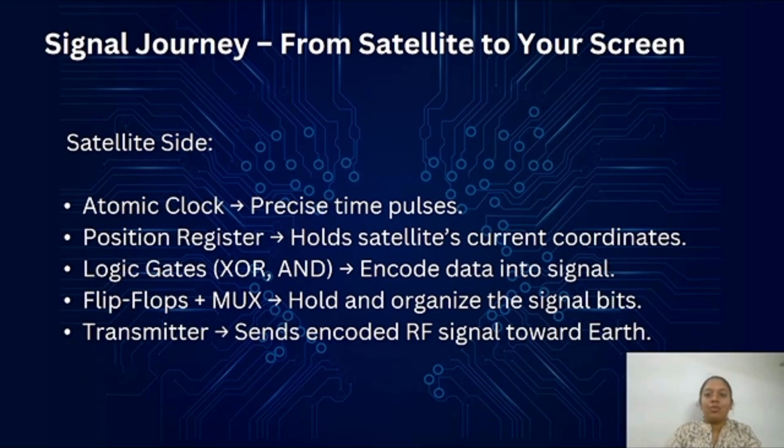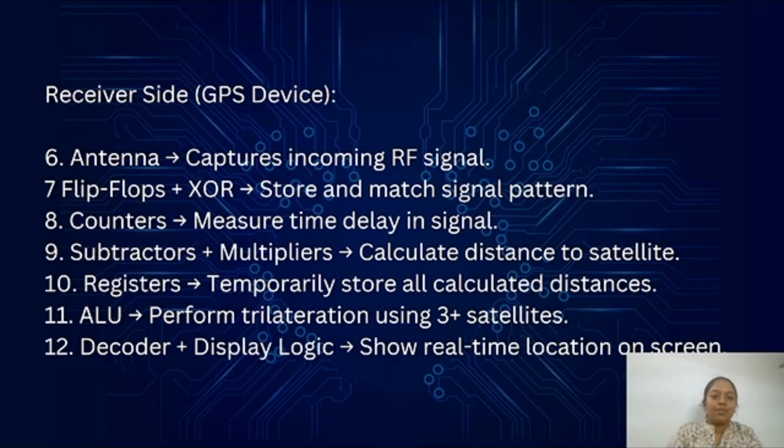Next is the receiver side, the GPS device. The sixth step is the antenna that captures the incoming RF signal. Seventh is a flip-flop plus XOR gate that stores and matches the signal pattern.